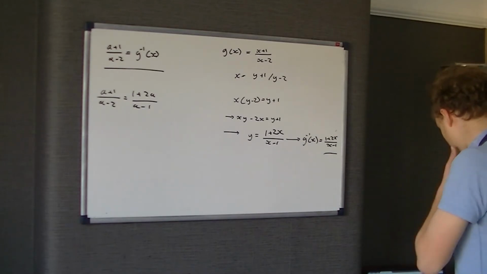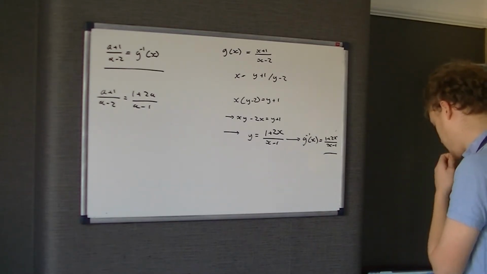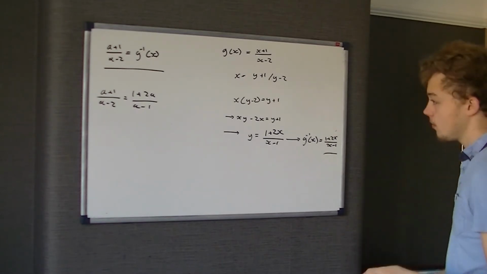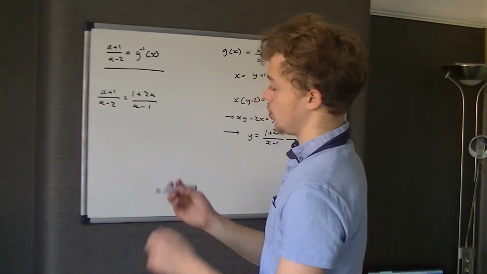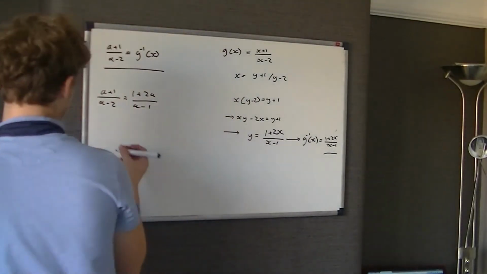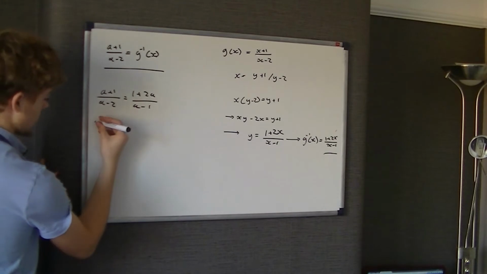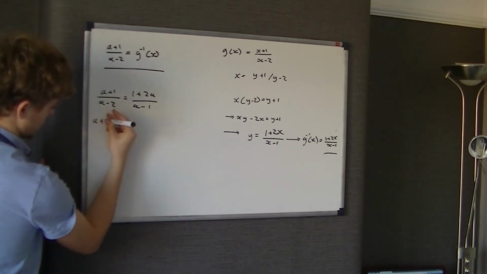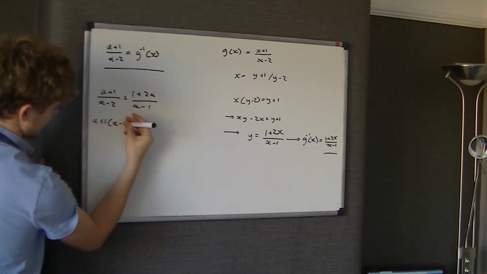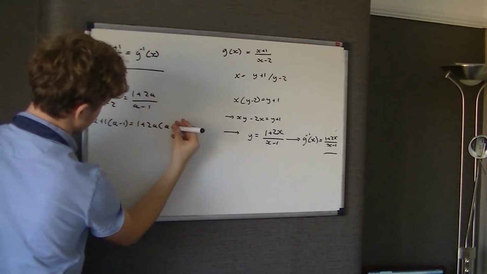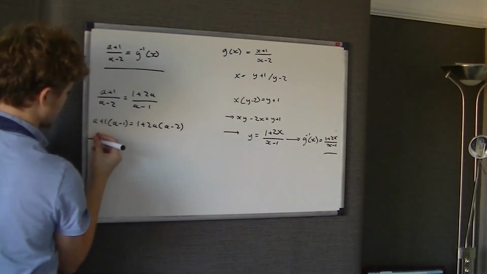So what we do is we times both sides by the denominator of the other one, so this will make it equal to each other. So we times them both by a take 1, then both by a take 2. So this gets us a plus 1 times a take 1 equals 1 plus 2a times a take 2. And then you can expand this out if you want to.